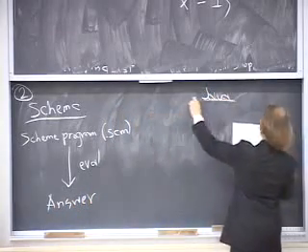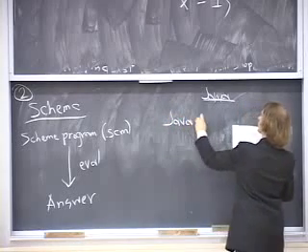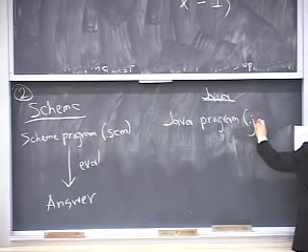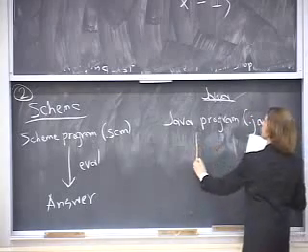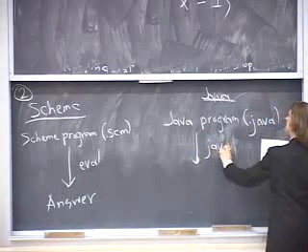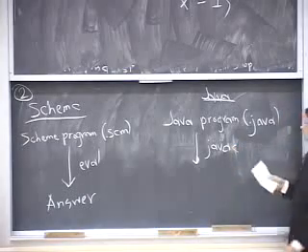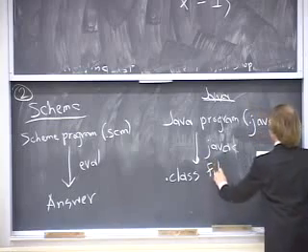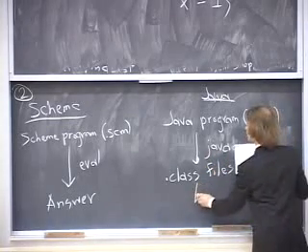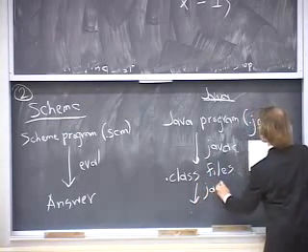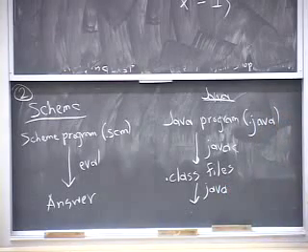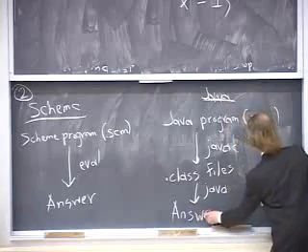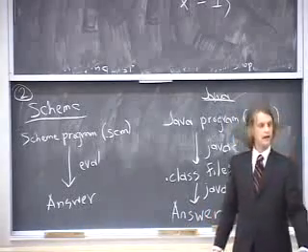In Java, you have a Java program, which is a .java file. You run it through a program called javac, which stands for Java Compiler. You get out of that class files. And then you can run those class files with what's called a bytecode interpreter by typing java. And then you get your answer. Any questions about that?